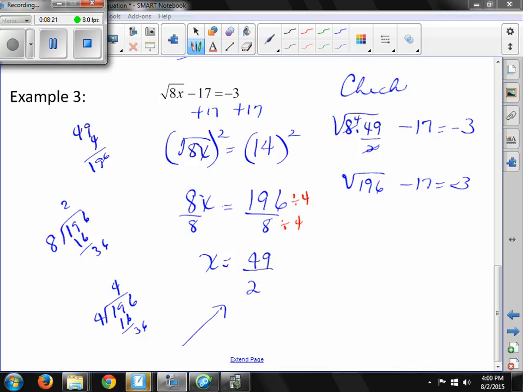And we know that the square root of 196 is 14, so that I have 14 minus 17, which is equal to negative 3, or negative 3 is equal to negative 3. This does check. This is a valid solution.